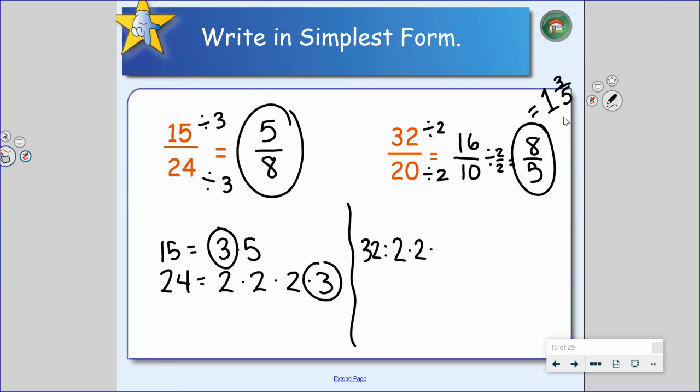2 times 2 times 2 times 2 times 2, check it out, that is 32. 20 will be equal to 2 times 2 times 5. And would you look at that? They both share 4.